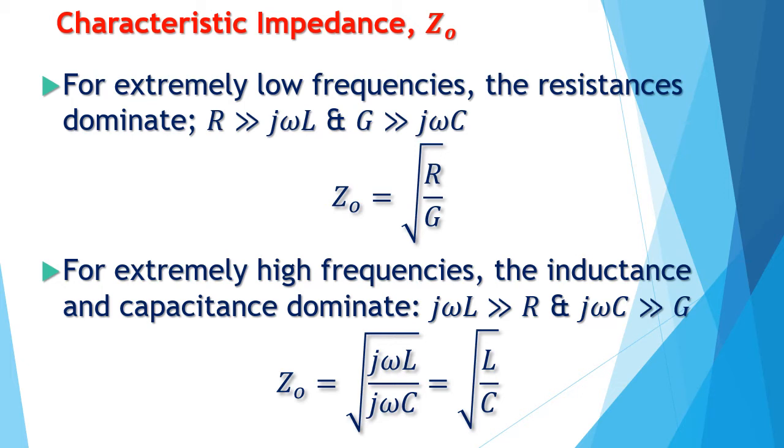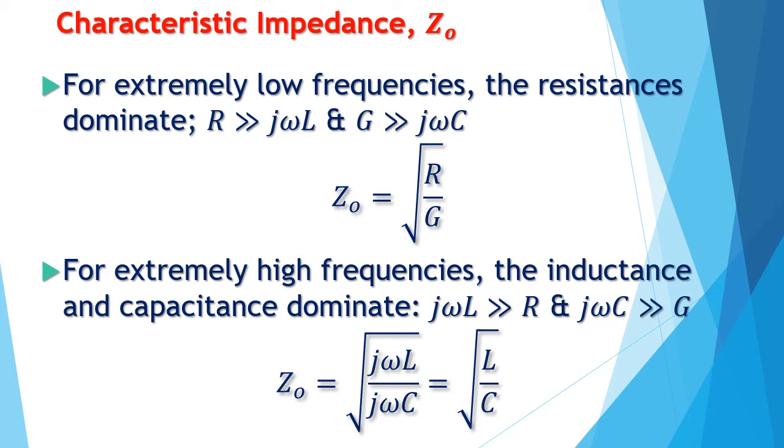The second special case is the opposite of the first. It's for extremely high frequencies. The inductance and capacitance will dominate. So this happens when j omega L is a lot greater than R and j omega C is a lot greater than G. So just the opposite of the first one, you can imagine the calculations for this. Since omega is equal to 2 pi f, f will have a very high value.